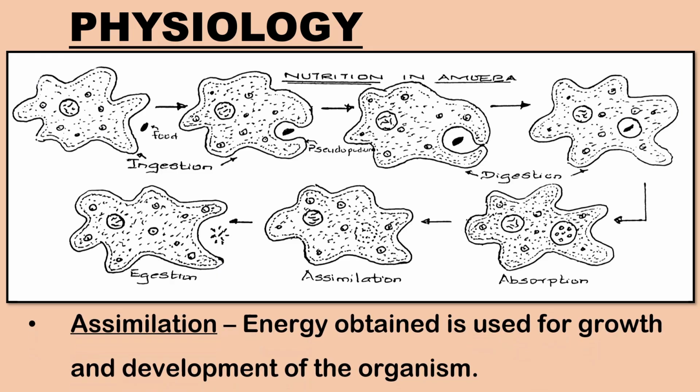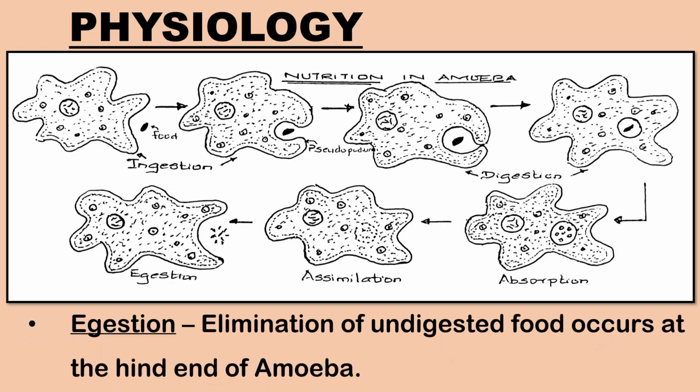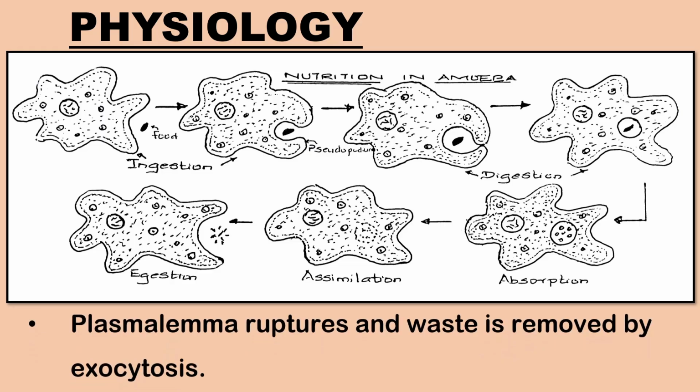The energy obtained from food is used for growth and development of amoeba and is known as assimilation. Elimination of undigested food occurs at the hind end of the animal. Plasma lemma ruptures and the waste is removed by exocytosis.